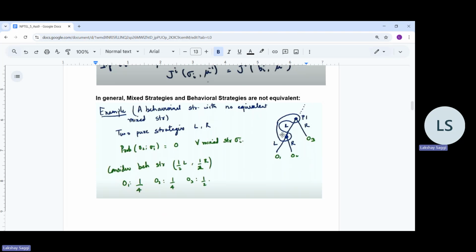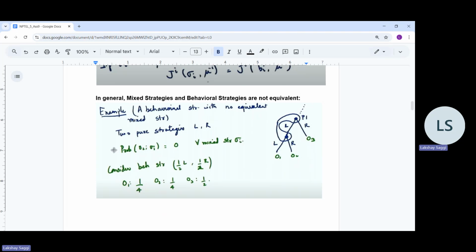And again, P1 has to play something, and with probability half, P1 can play R at this stage. So half times half, with probability 1 by 4, P1 actually reaches O2 in this behavioral strategy. So there exists a behavioral strategy where there is a non-zero probability of the game ending at O2, but there exists no mixed strategy where the game can end at O2.